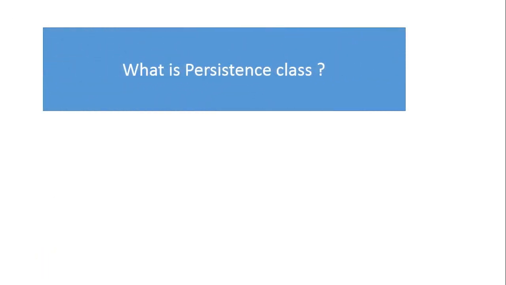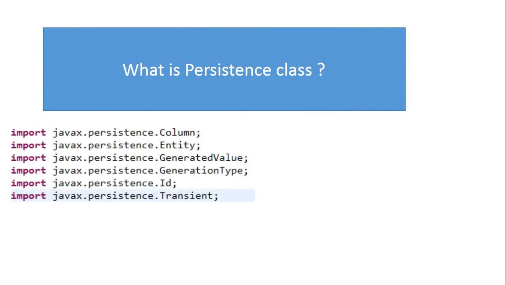The first question is, what is the persistent class in Spring MVC? Persistent is a class where we do not need to write JDBC code in the web application. We pass a model class, and the model class contains all the values.